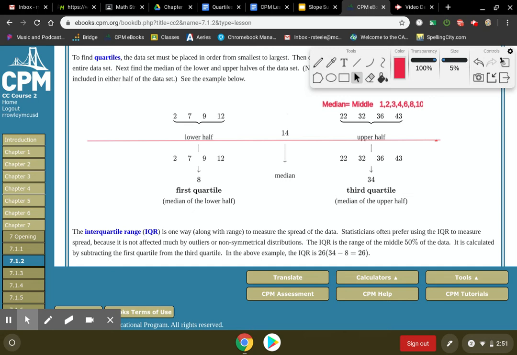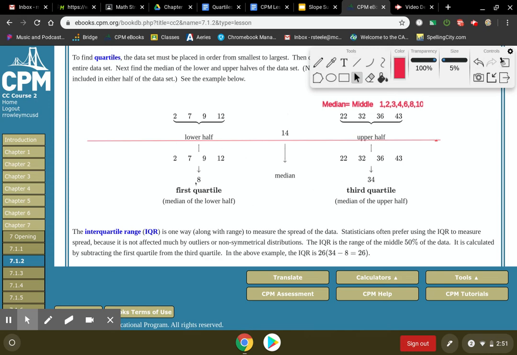When you're older, it doesn't happen like that, okay? So in order to find how much you've been growing, we really don't care about these super, super small numbers and these super, super big numbers. What we care about is what's happening in the middle, okay? So the interquartile range is the numbers that are in the middle.